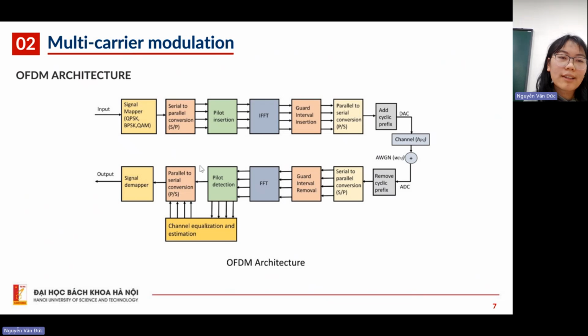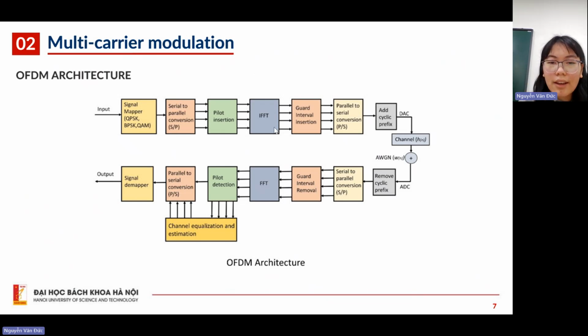So let's come to the OFDM architecture. Firstly, the input will go to the serial to parallel conversion, which separates our initial input into many parallel inputs, and then it comes to the modulation.